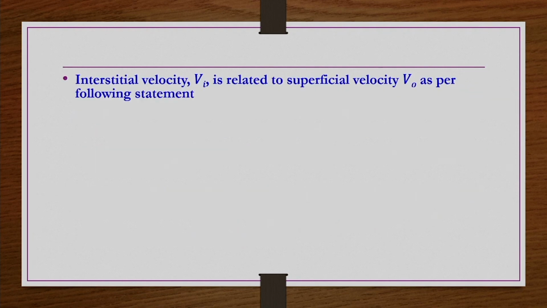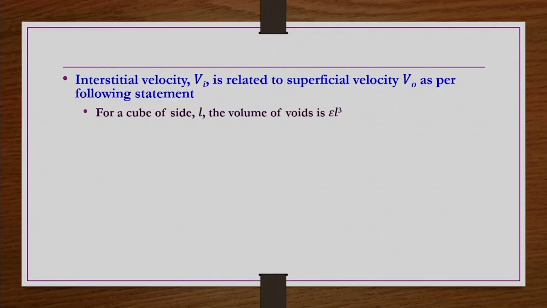Okay. So, interstitial velocity Vi is related to the superficial velocity V naught like this: Vi is equal to V naught by epsilon. How is it, that we see now. For a cube of side L, the volume of voids is epsilon L cube.